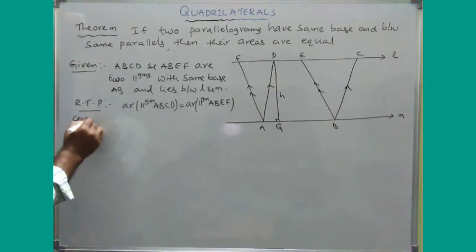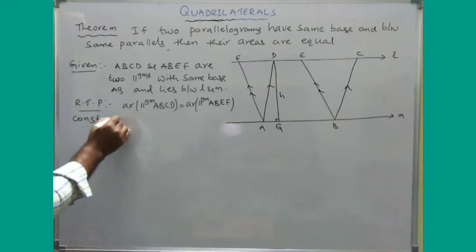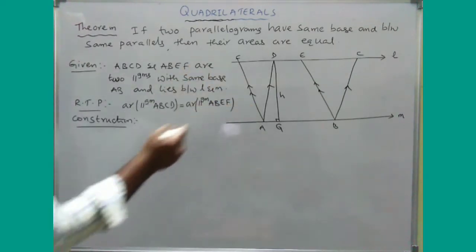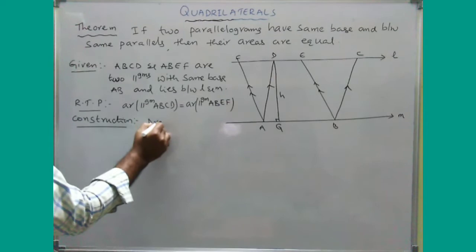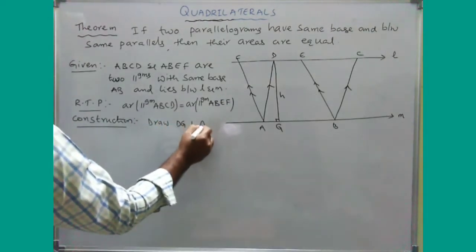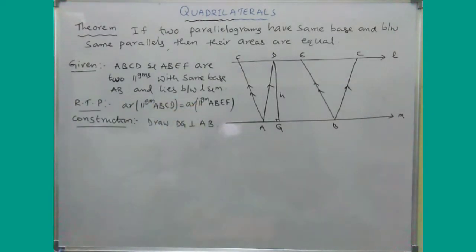And coming to the construction part. What we constructed here: draw DG which is perpendicular to AB.